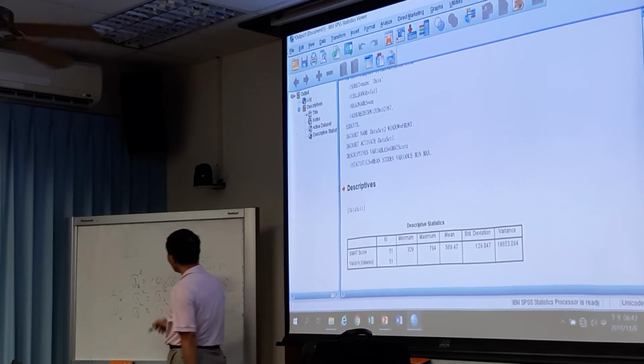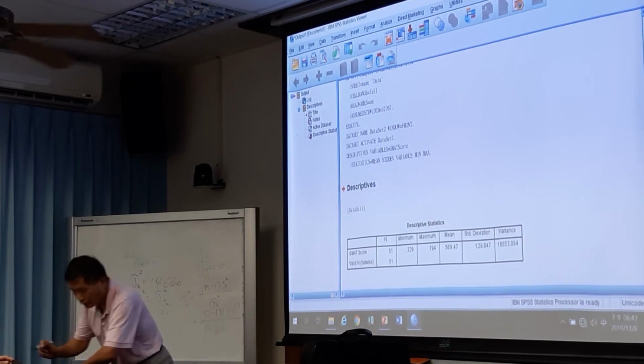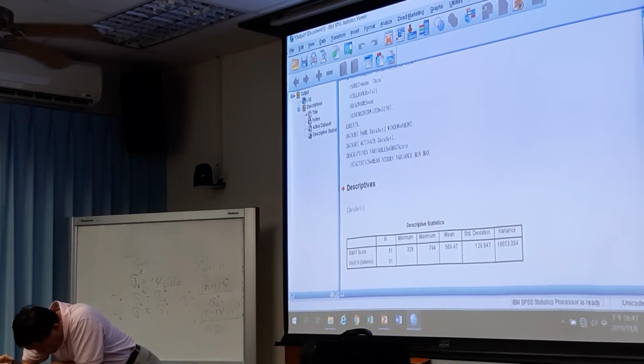And on this side, 97.5%, if your degree of freedom is 50, equals 32.